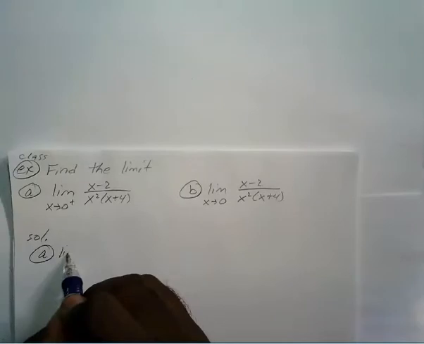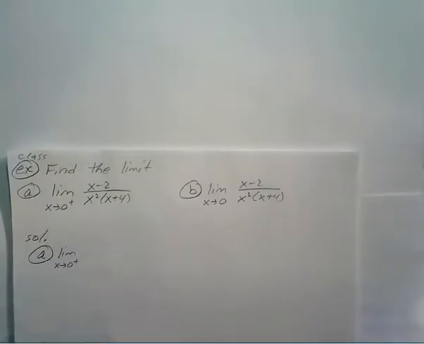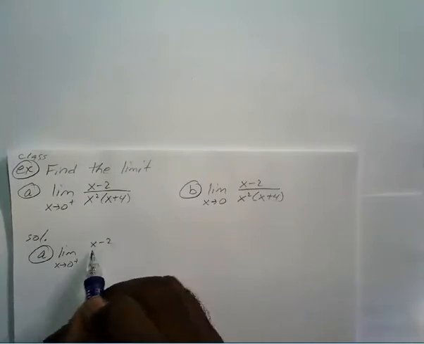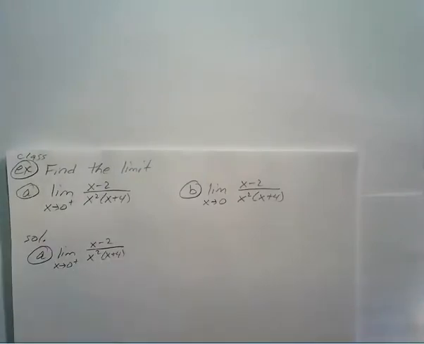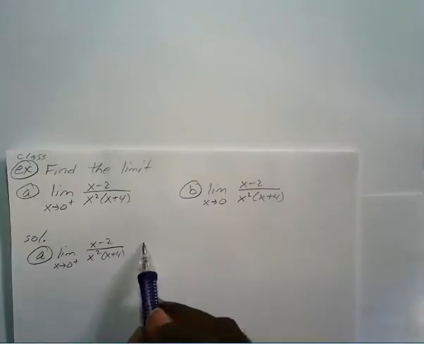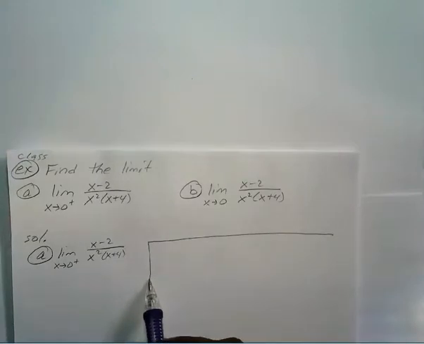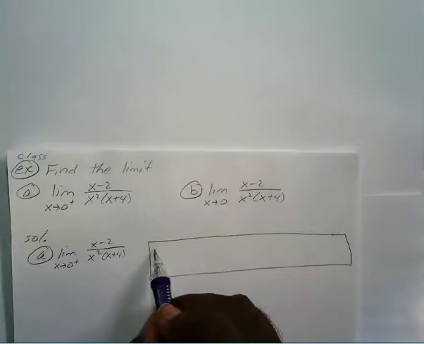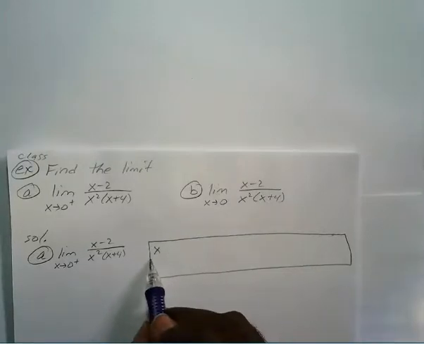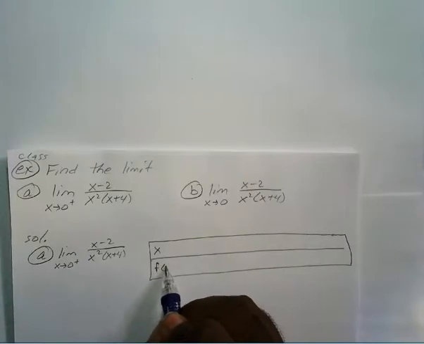You have the limit as x approaches 0 from the right of x minus 2 over x squared times x plus 4. Just like before, we're going to make our table. You have your x, and you have your f of x.